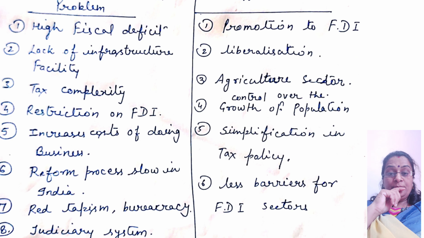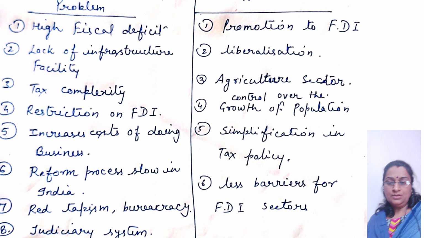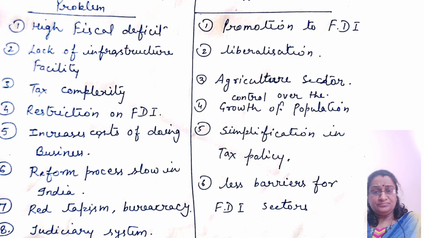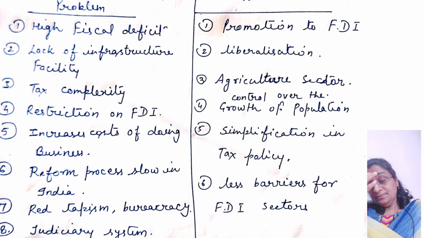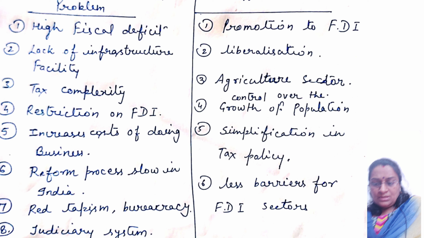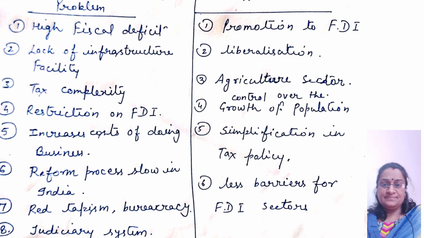First is economic liberalization, globalization, privatization, avoidance of the industrial license policy, removing the restrictions over the size of the firms, the disinvestment policy, or the introduction of the private sector, and relief in the excise duty, custom duty, personal income tax and the corporation tax.